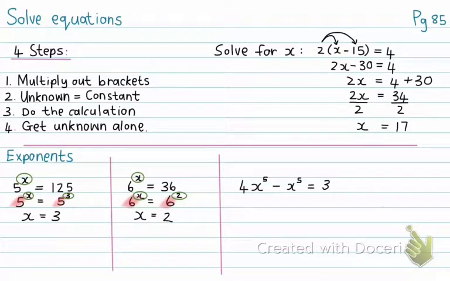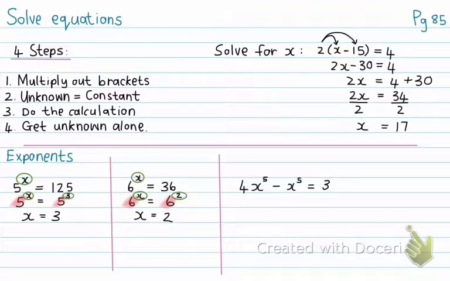Now the last example on this slide is not the same as the bottom 2 examples that I've just shown you. Do you see that the x is not the exponent anymore? Yes, it does have an exponent, which is 5, but it's not the unknown that is the exponent.